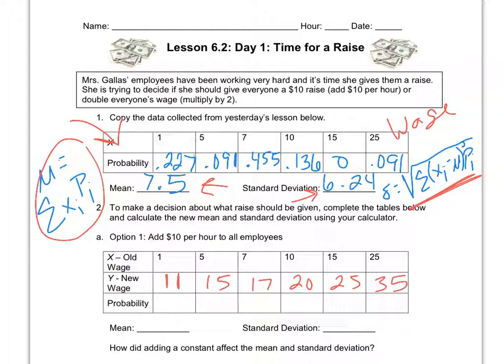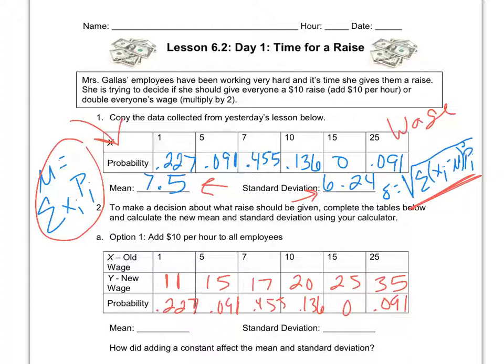My probabilities now are going to stay exactly the same. I didn't change how often somebody was earning $11, or $15, or $17. So my probabilities stay exactly the same.